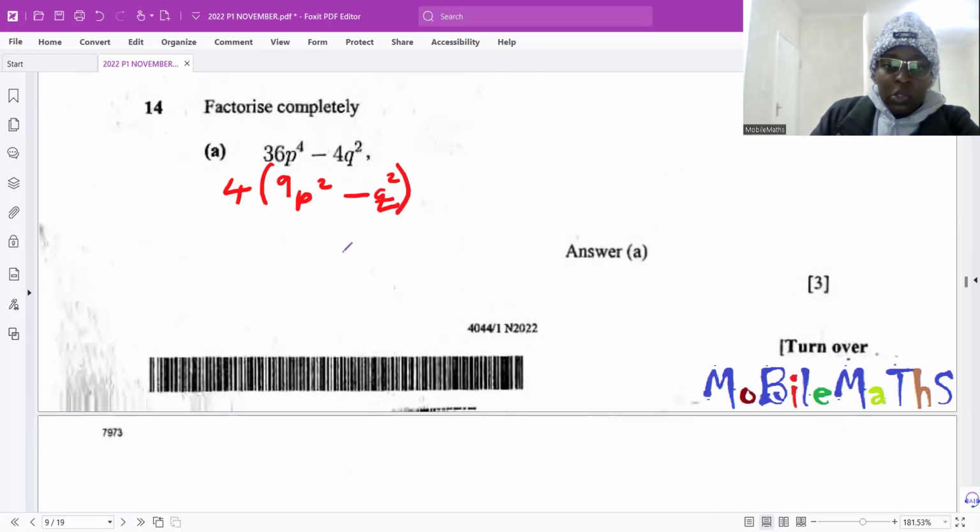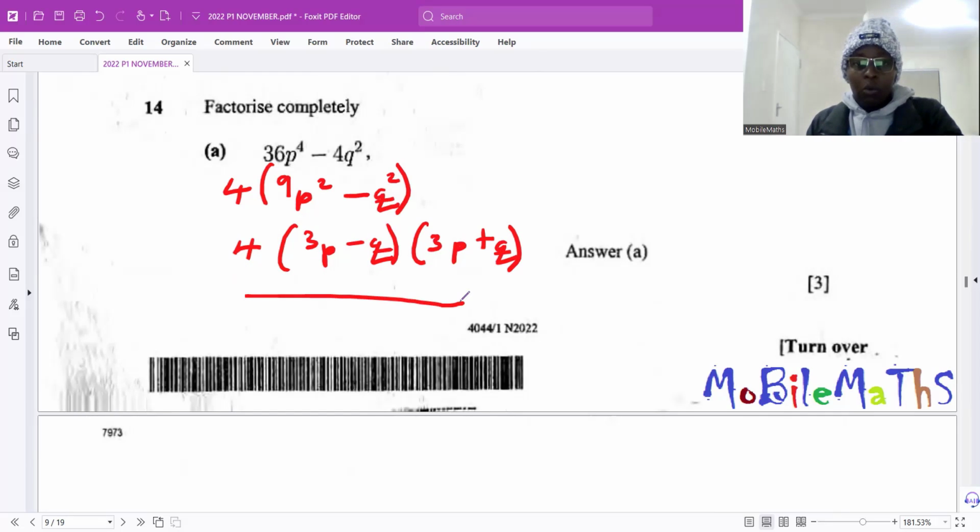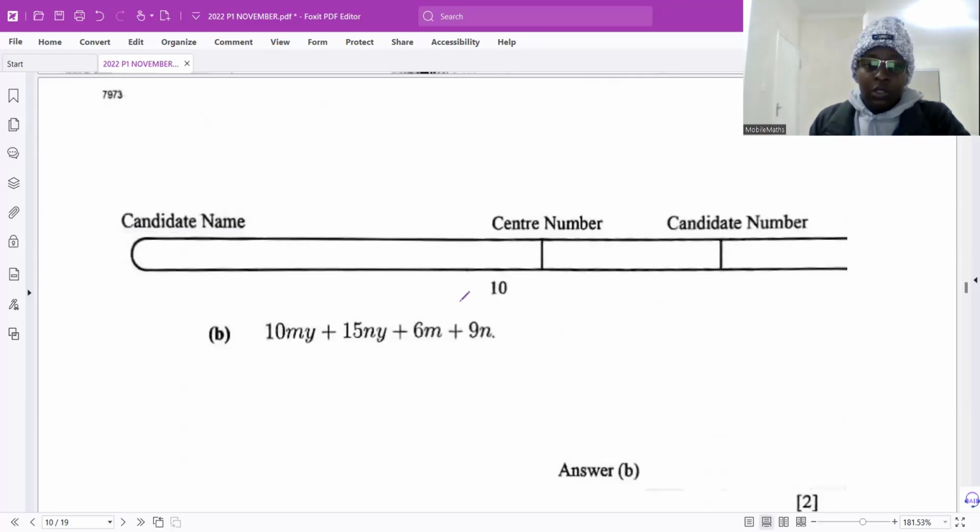So this is a difference of squares. So I can simply factorize it and say 4, 3p minus q, and then I have 3p plus q, okay? So that's how we can factorize this one completely. Let's move on to the next one.